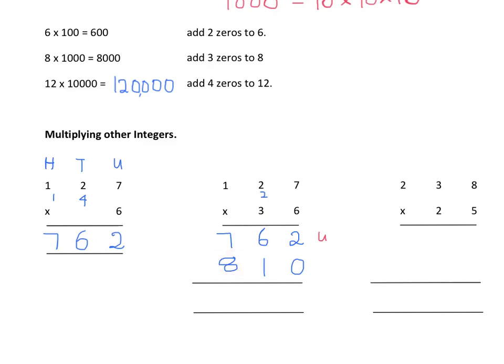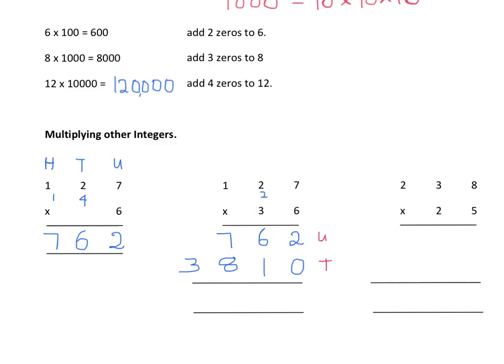And the last bit is 3 times 1, which is 3. Okay, now that was the row of numbers we get by multiplying the 127 by 30. So we can think of this as the tens row.